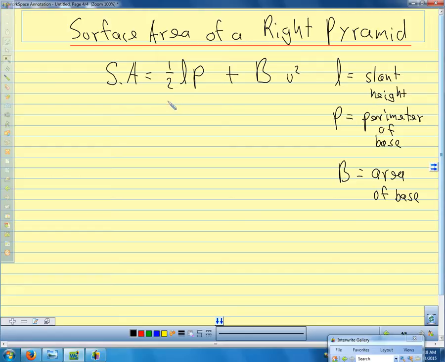And we can think of this as the lateral area, the area of the side, plus base area.